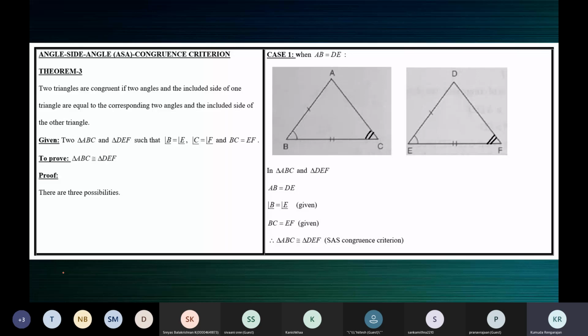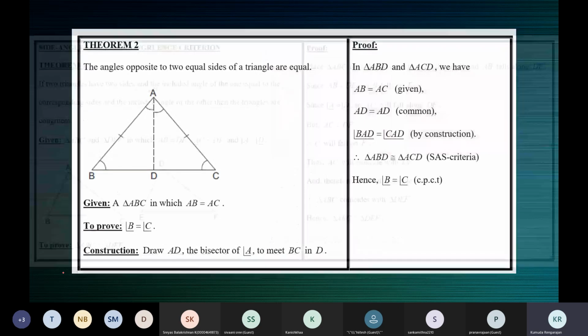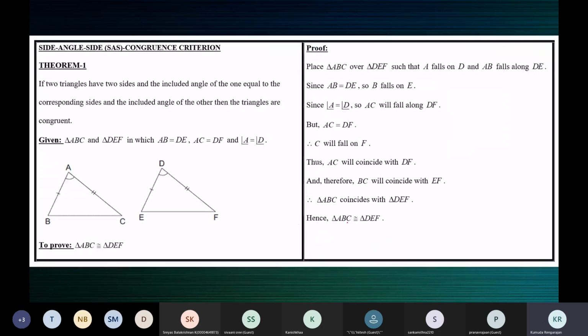This is the proof for the criterion itself. We are not proving that two triangles are congruent. See here in the earlier one also, you should not write ABC congruent to DEF by SAS rule. This one is the proof for SAS itself. We are trying to say that SAS is a valid congruence criterion. You should not write ABC congruent to DEF by SAS criterion.